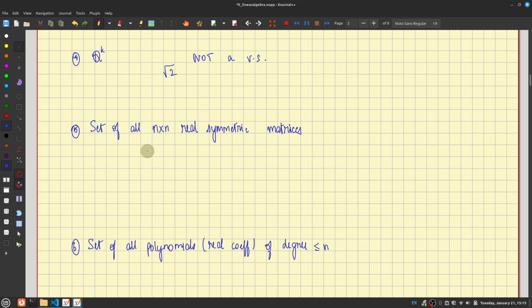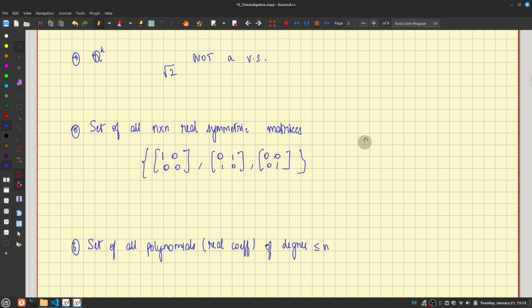So if you take, let's say, the set of all 2 by 2 symmetric matrices, you can look at the following basis. The dimension in general is going to be equal to n into n plus 1 by 2.